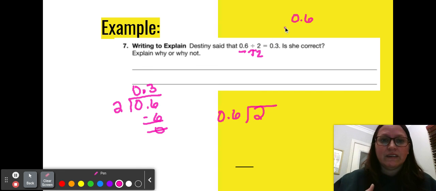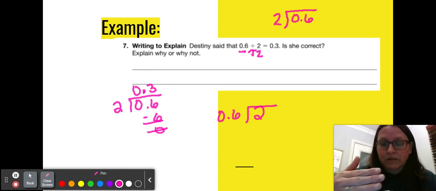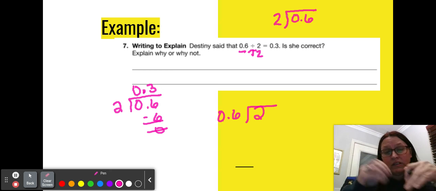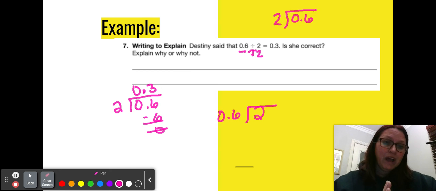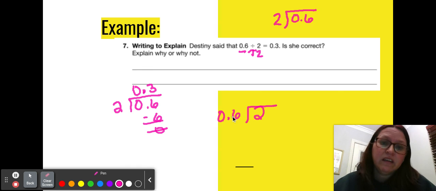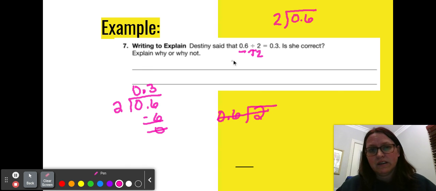I always say the number inside the division symbol first. And then the division symbol is divided by, and then the number outside of it goes second. So right here, this is one thing you haven't learned yet. And so we're going to skip this and say, that's probably not right.